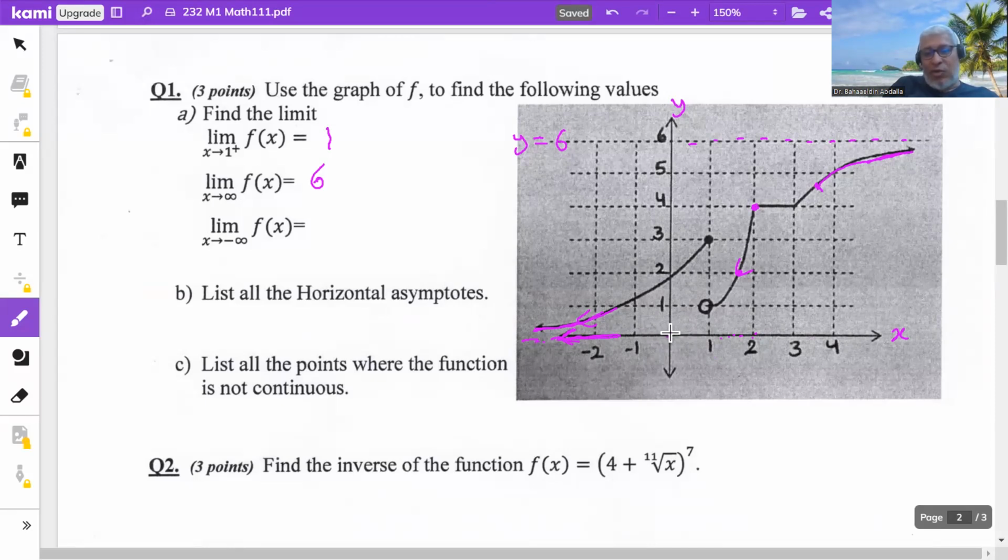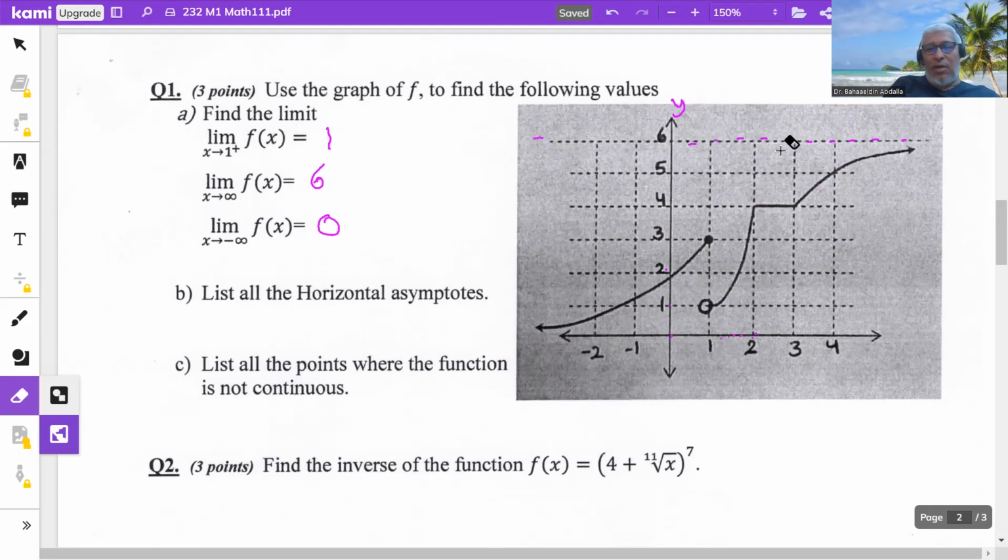On the x-axis, y is 0. So the limit of f of x when x approaches negative infinity is 0. So this is how we find the limit, either from the right, from the left, or at any number, using this method.